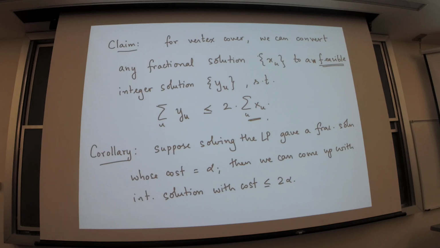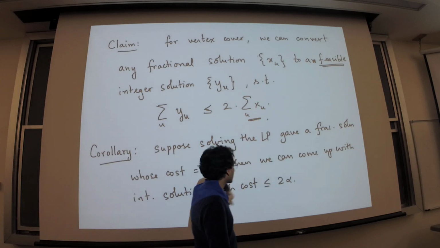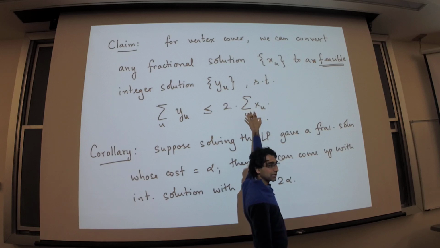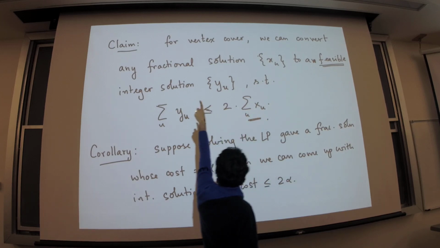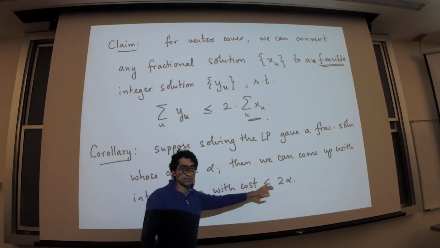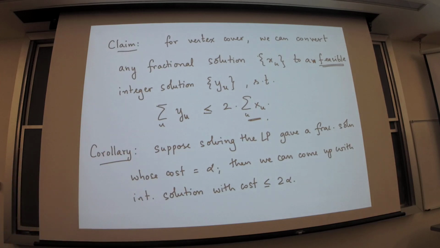So this is what this theorem is basically saying, because sum over xu is the cost, and if you came up with a solution where this value is equal to alpha, then that claim will tell you that you can actually come up with an integer solution where the cost is at most 2 times alpha. So assuming that the claim can be shown, do you guys all agree with the corollary? It's basically a reflection, but yeah.